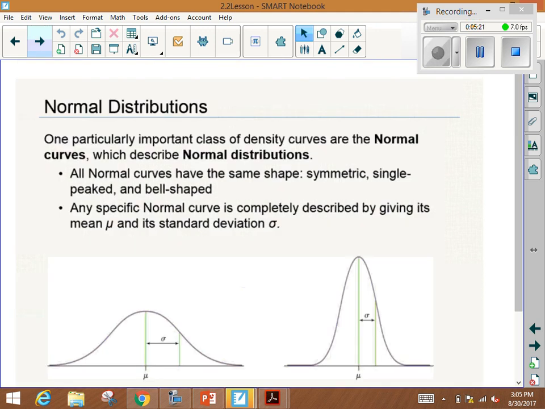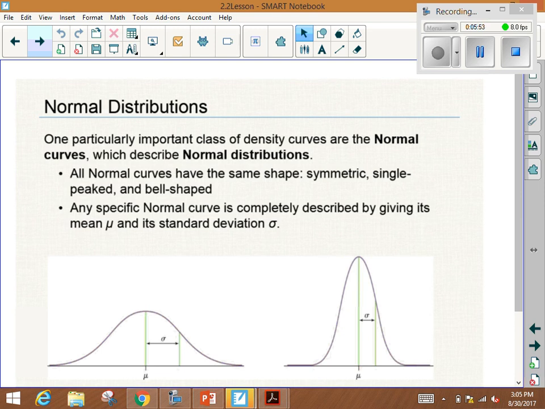All right, looking at normal distributions. It is particularly important. It is super important. We can generate all kinds of wonderful things, probabilities, find percentages of data within certain ranges, marked by quartiles. We're going to be able to do so much with this normal distribution, right? With this normal curve.